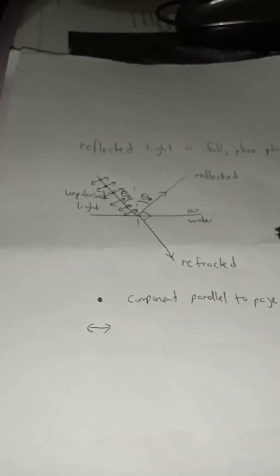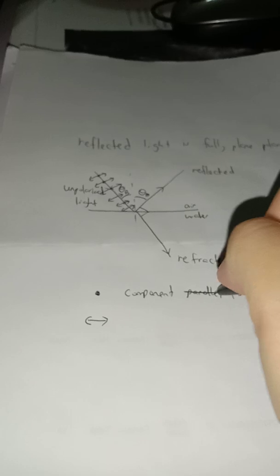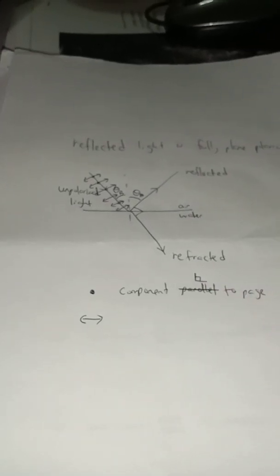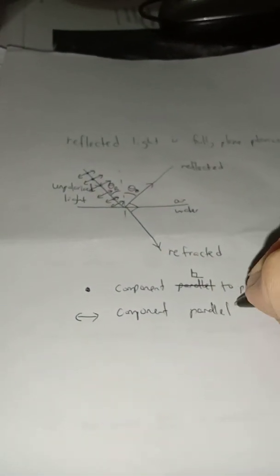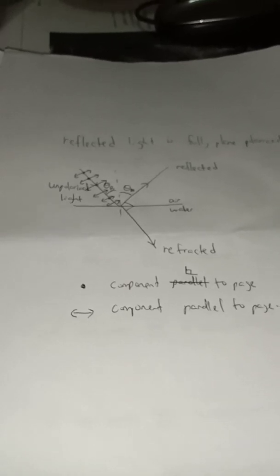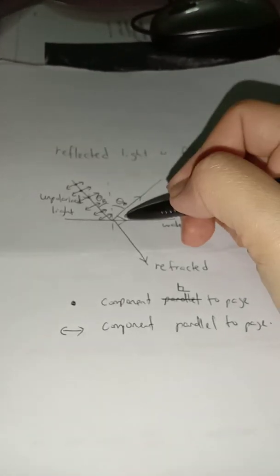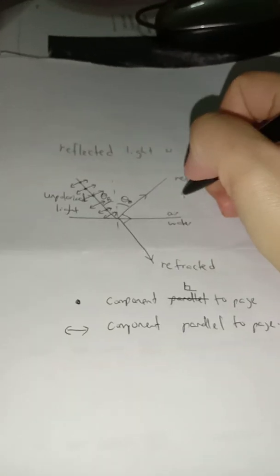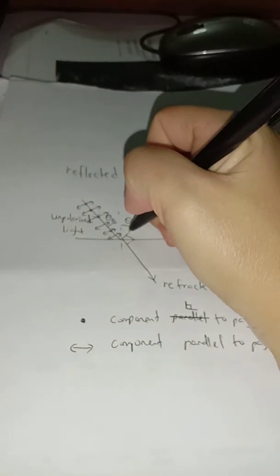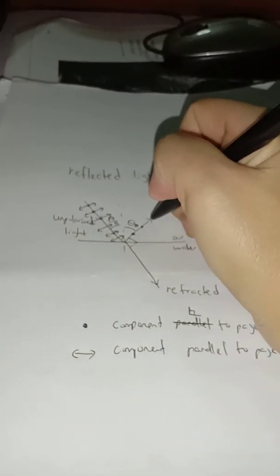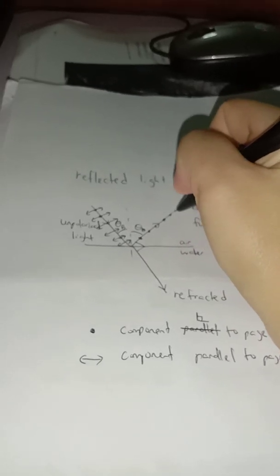This is the component parallel to the page. So the reflected ray will be fully polarized. Okay, so only the component that is parallel to the page can pass through.